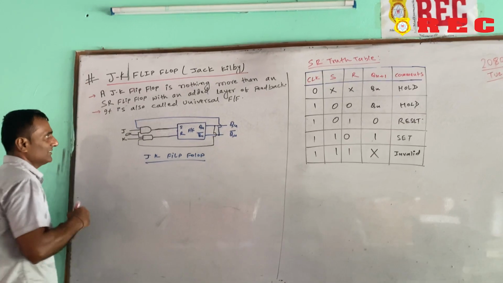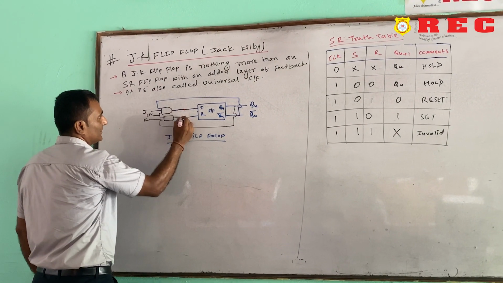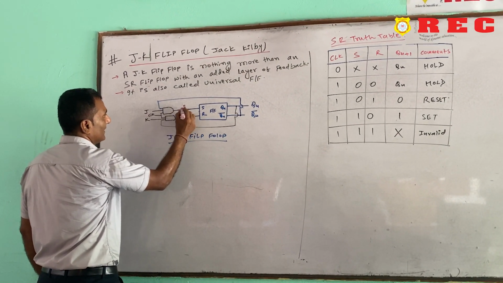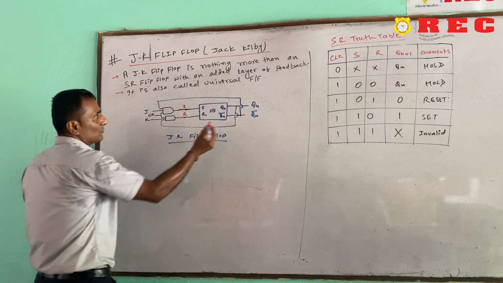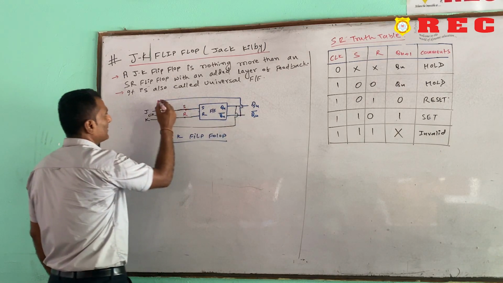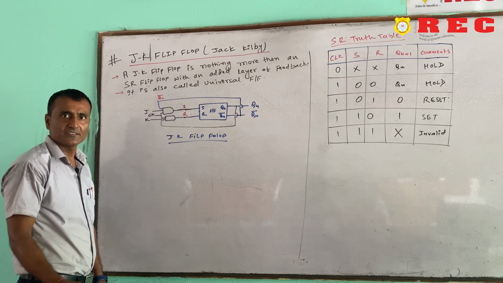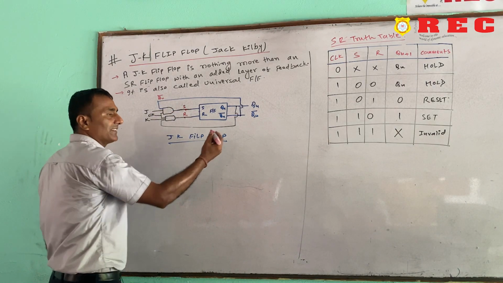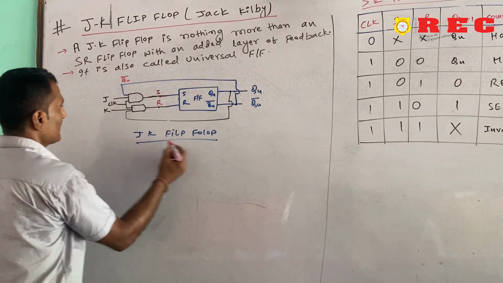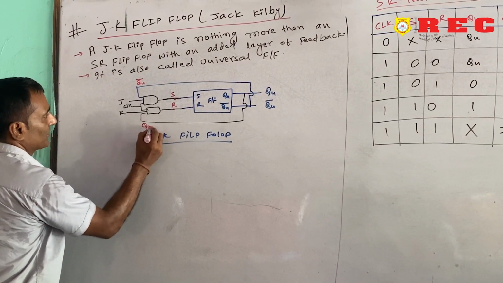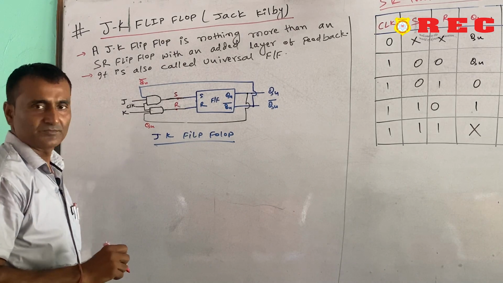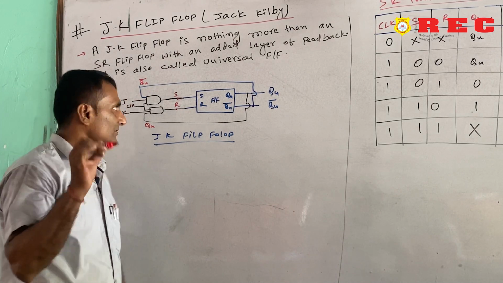Now see this point, we can say S and R. If this is Qn complement, we can write here Qn complement, very easy, and this point is Qn. Good, very good.